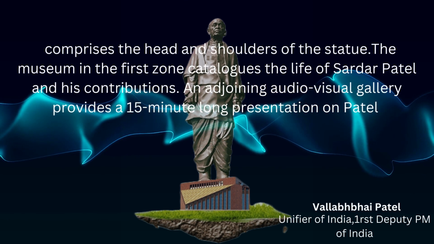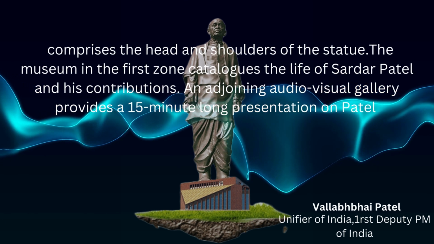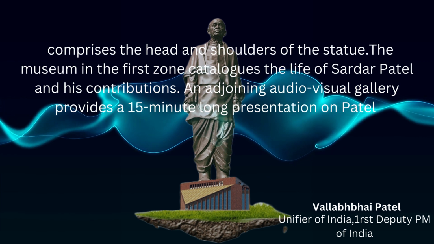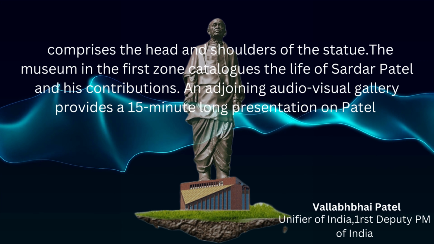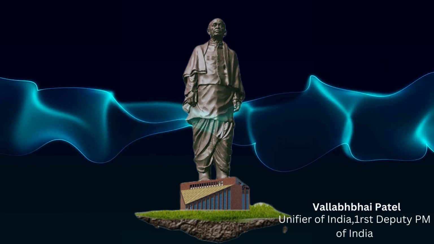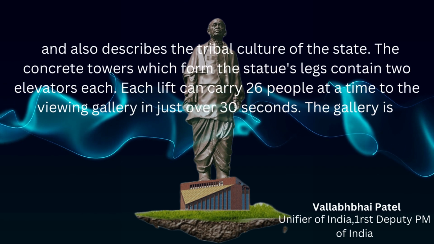The museum in the first zone catalogues the life of Sardar Patel and his contributions. An adjoining audiovisual gallery provides a 15-minute-long presentation on Patel and also describes the tribal culture of the state.